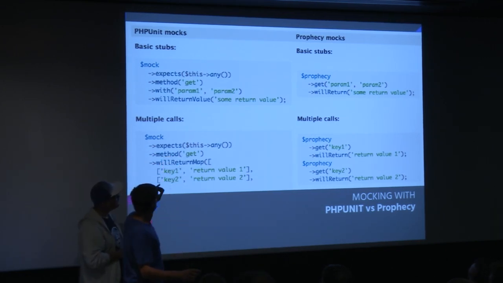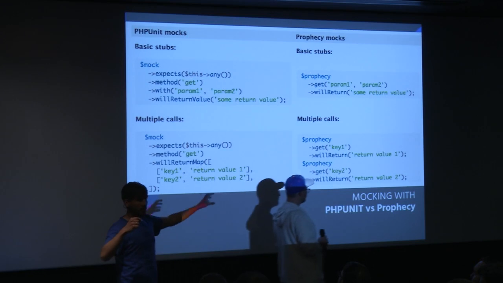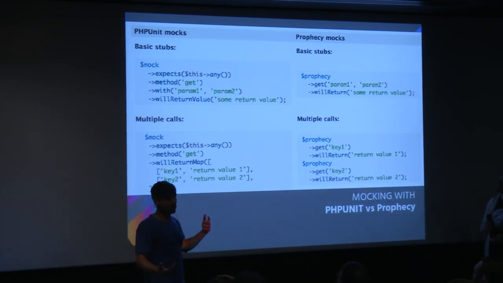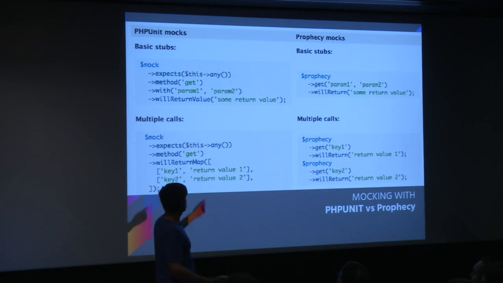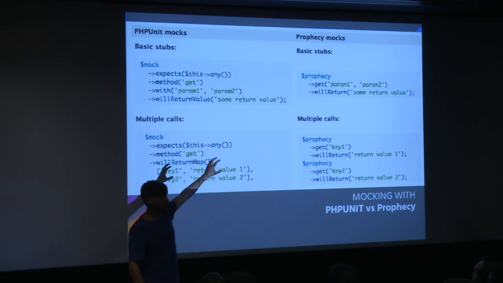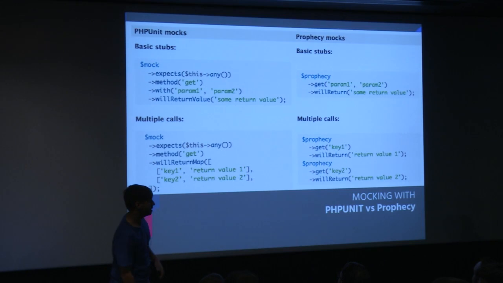This object that gets created doesn't have all the methods that are in the original object. It only has the get method. But that's cool, because you know that the thing that you're testing only uses the get method, right? If you want to add more methods, you just do the same. That's it. You take this object that it returns, either with PHPUnit or Prophecy, and you put it instead of your dependency.